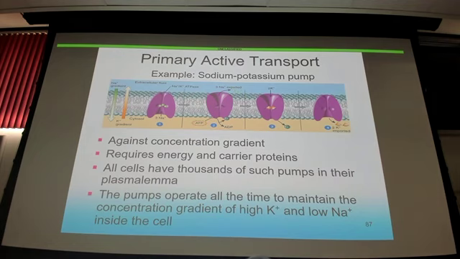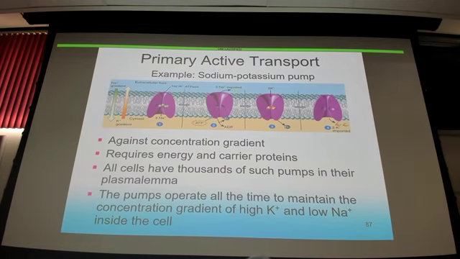In biochem, you'll discuss how many potassiums are moving out and look at ATP and ADP movement. For here, I'm using this picture just as an example of primary active transport. I don't need you to know how many sodiums are moving or what ATP is doing. All I need you to know is that it requires ATP.